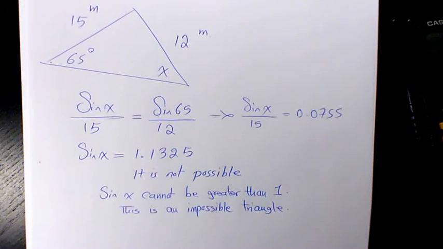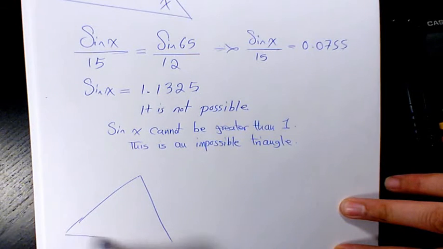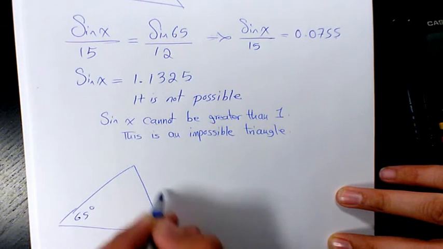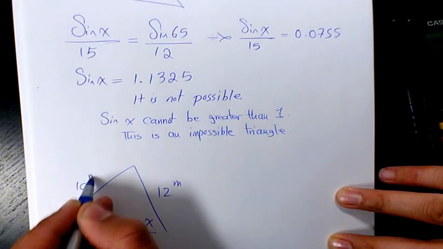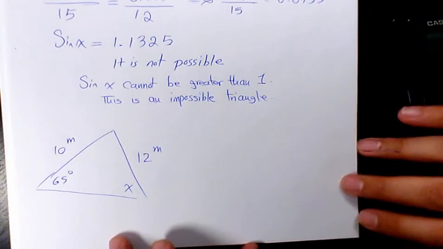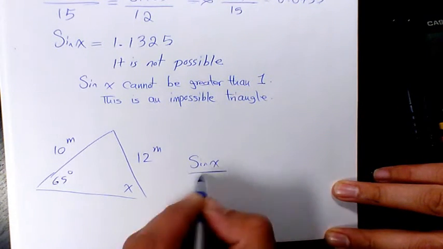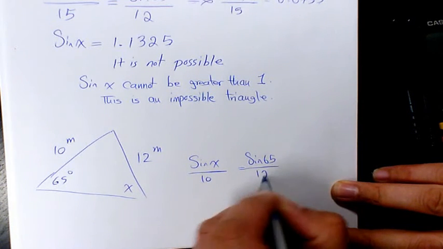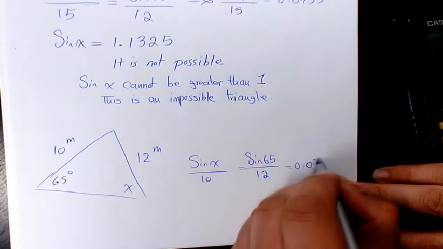But if it was something smaller, let's see. If we had 65 degrees, x, 12, and 10 meters instead of 15 meters, then again we have sine x over 10 equals sine 65 over 12, which is 0.0755.